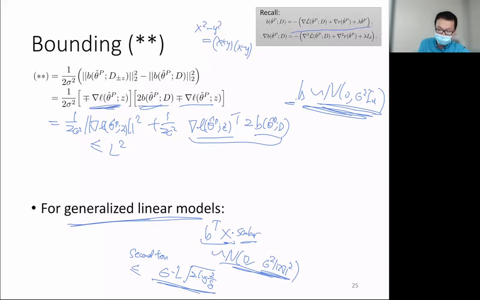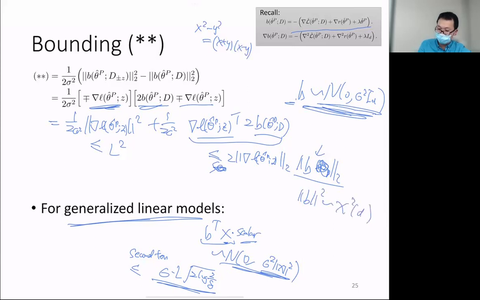And that gives us something that looks very similar to the kind of tail bound that you get for the Gaussian mechanism. For the more general problem, the second term can only be bounded by the norm, by Holder's inequality, and 2 times b theta hat D. So this is a b noise, and b squared is drawn from a chi-square distribution with degree of freedom D. You can alternatively bound this with the norm of the normal vector by bounding every coordinate separately.